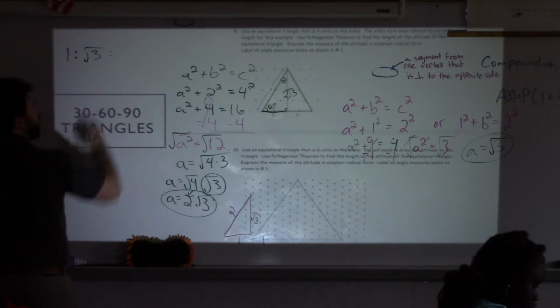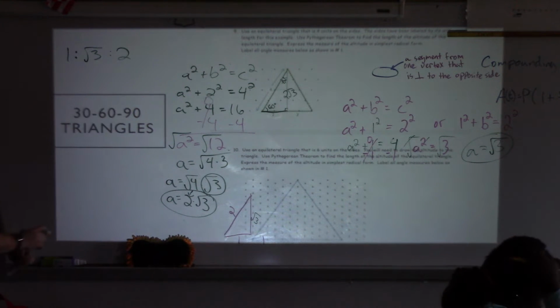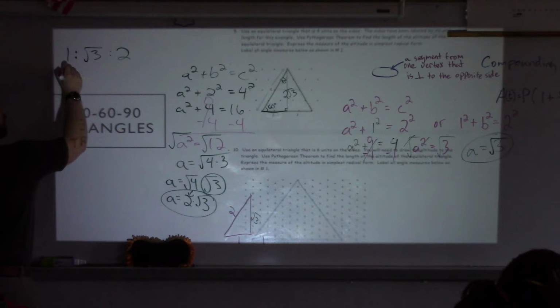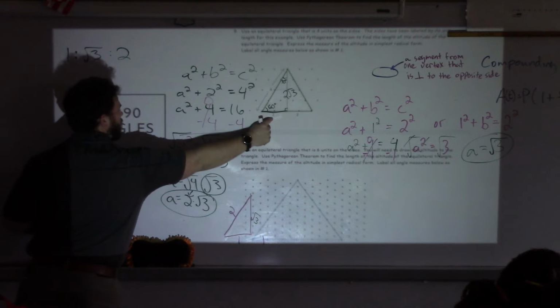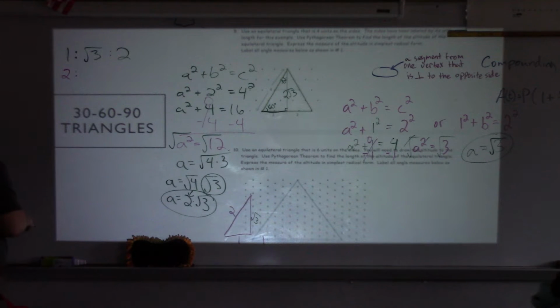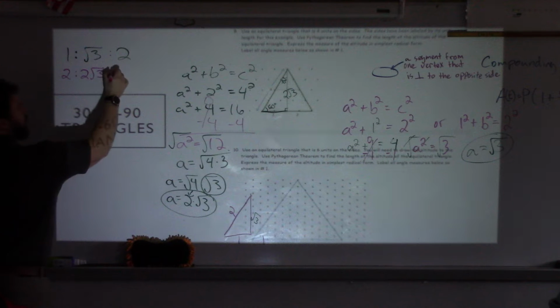And then what was the hypotenuse? 2. Now here in number 9, what is the shortest side? 2. What's the altitude? 2 square root of 3. And then the hypotenuse is?